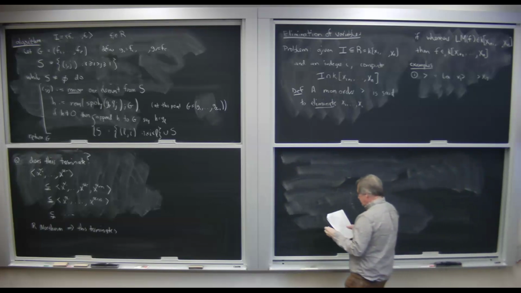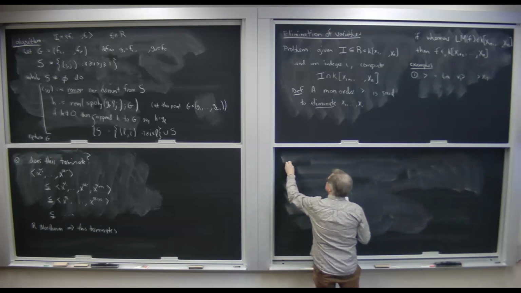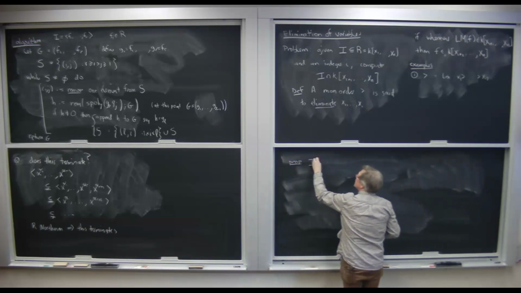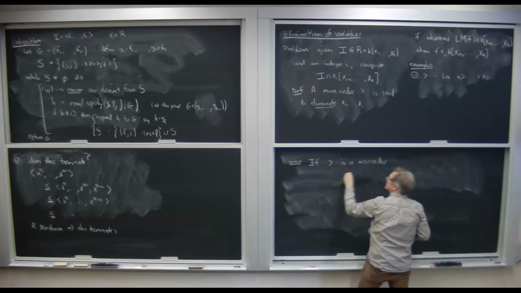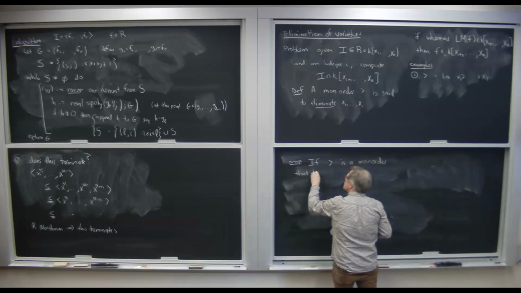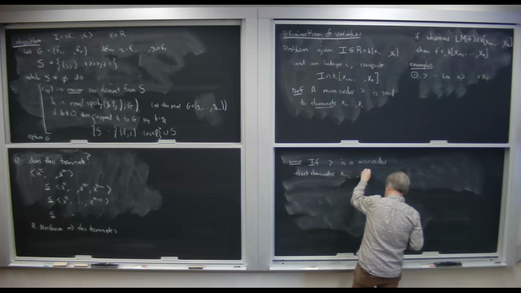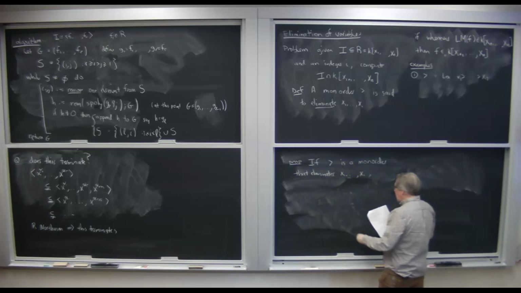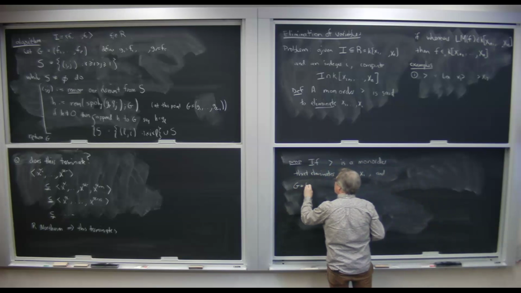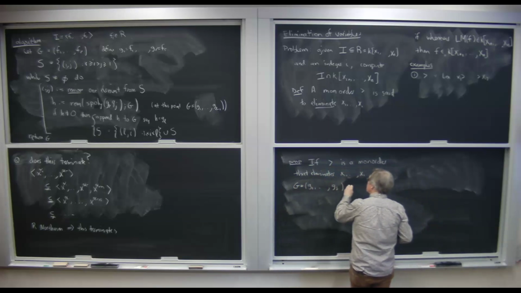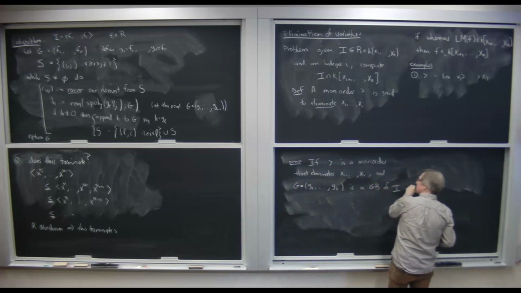Okay, so here is the proposition. If greater than is a monomial order that eliminates x1 to xi, and G equals G1 up to Gs is a Groebner basis of I with respect to this order.